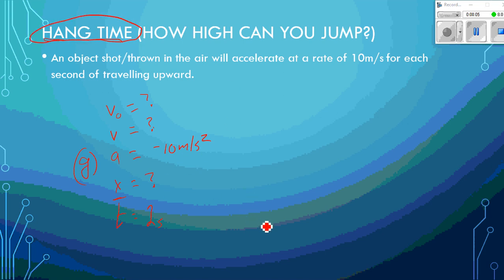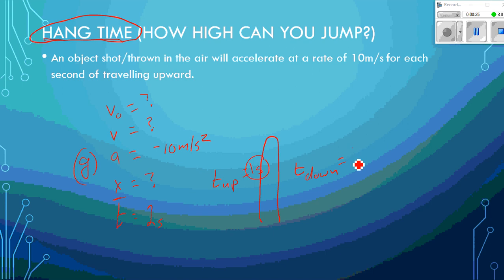So if someone is jumping up and getting back down in 2 seconds, that means that your time up was how many seconds? Any guesses? 1. Yep. It's 1 second because it's the same on the way up as it is on the way down.